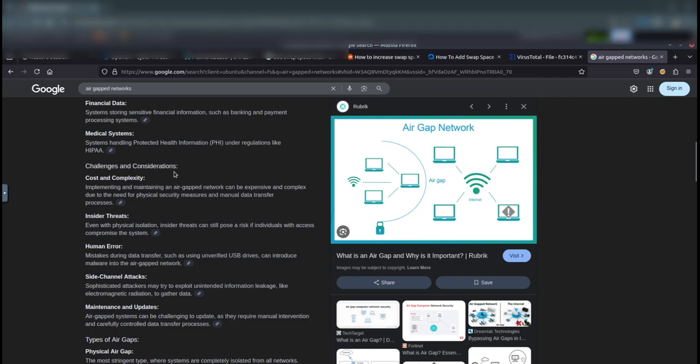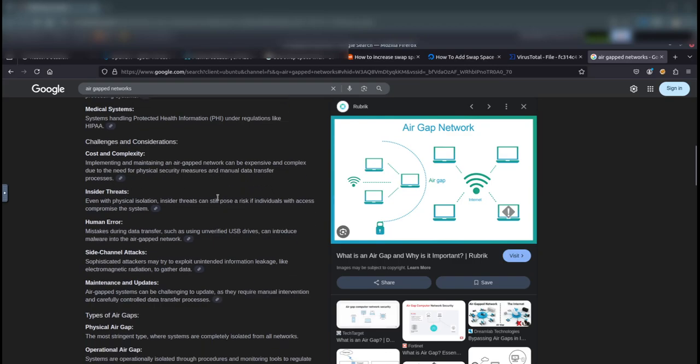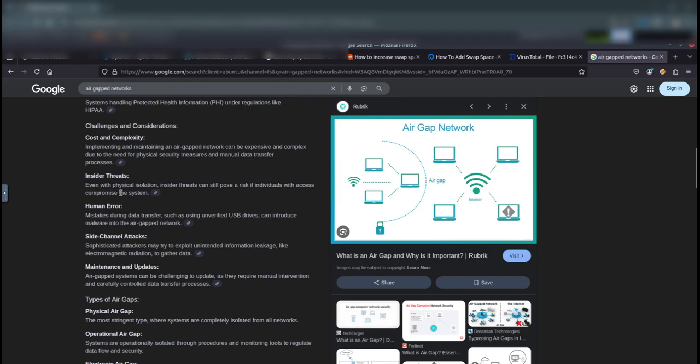Challenges and considerations: cost and complexity. Implementing and maintaining an air-gapped network can be expensive and complex due to the need for physical security measures and manual data transfer processes. Insider threat.